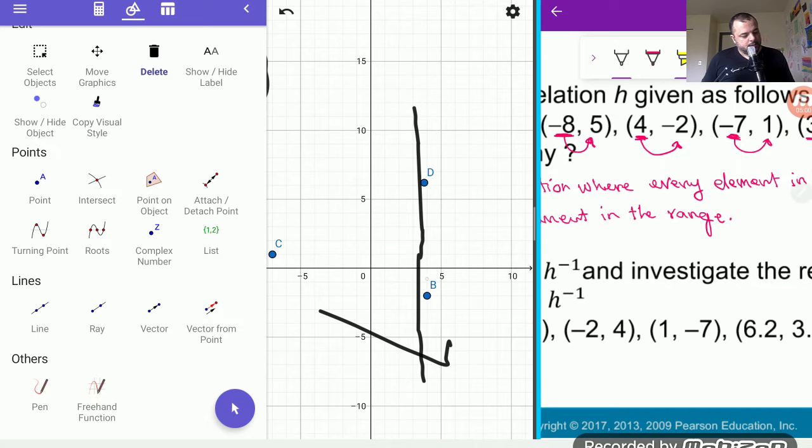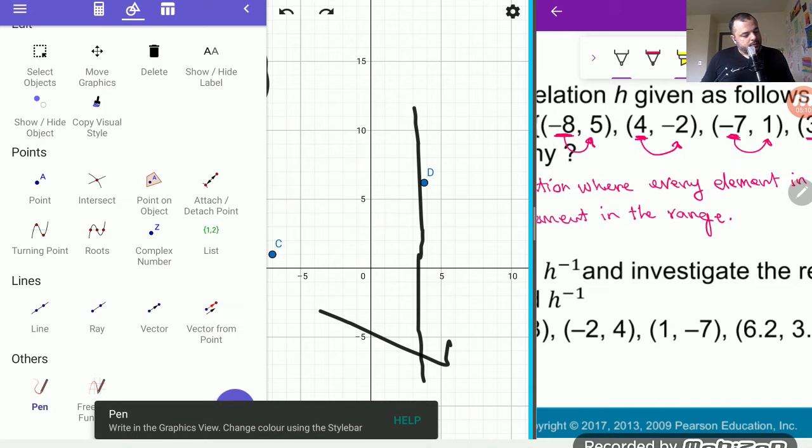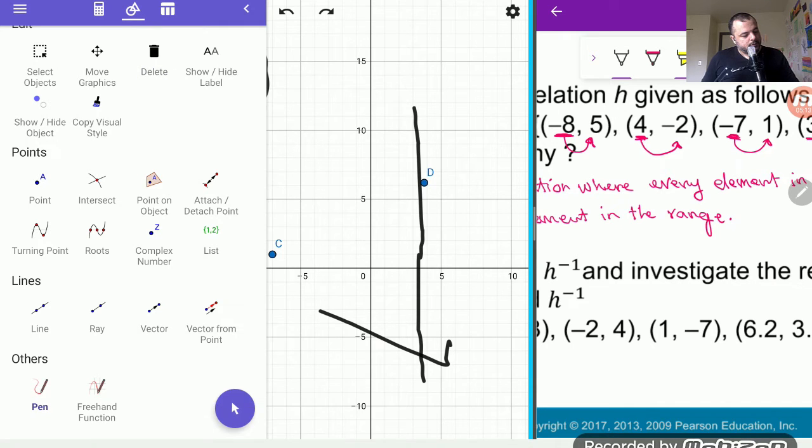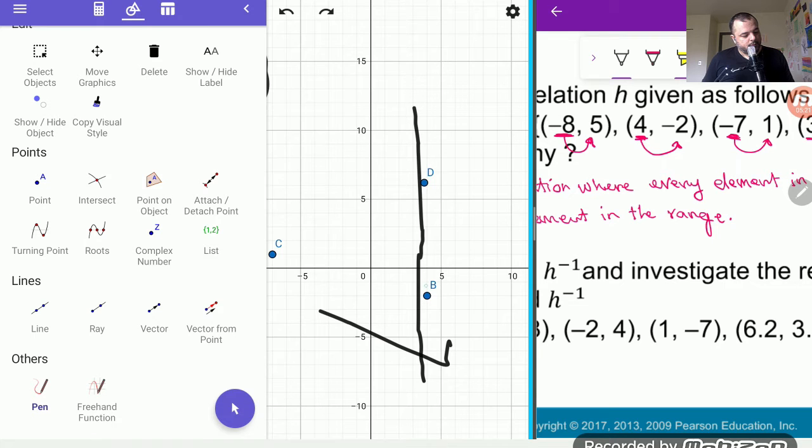Here the x is 4, but the x here is 3.8. So these two points do not appear on one vertical line. So let's go back.